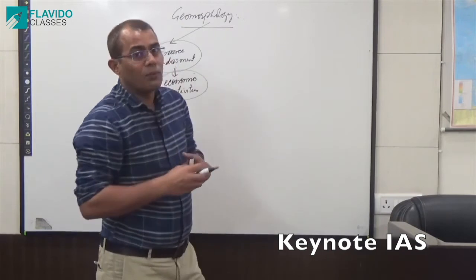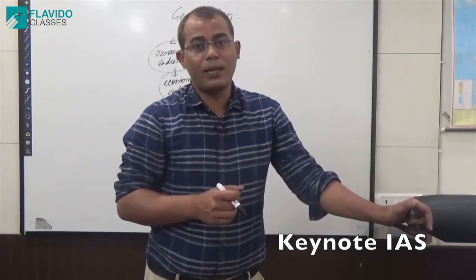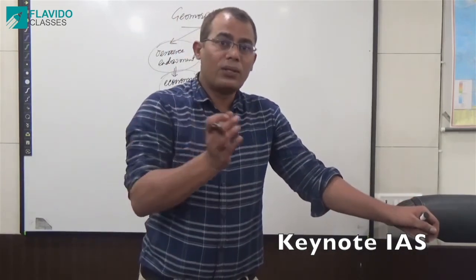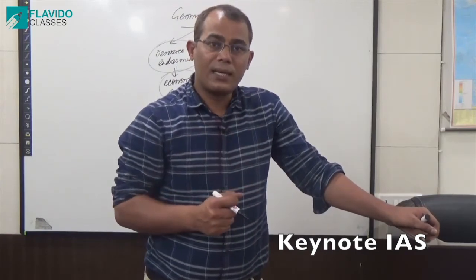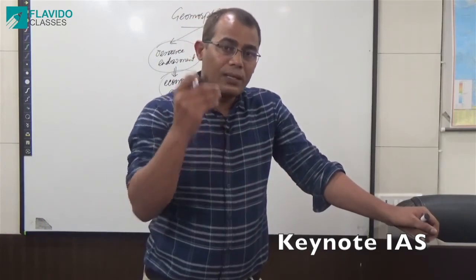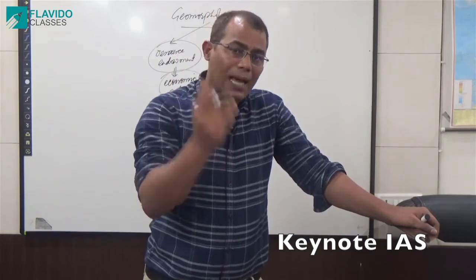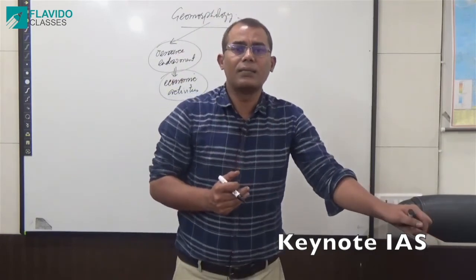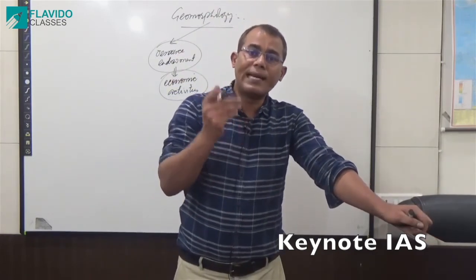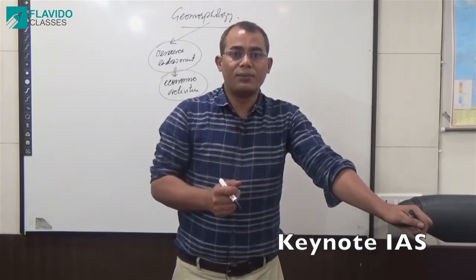Why do we have most of the industries lying in our Chota Nagpur plateau? Why is the northern plain more famous for agricultural activities? So even the larger pattern of economic activities is determined, governed, dictated by the landforms.